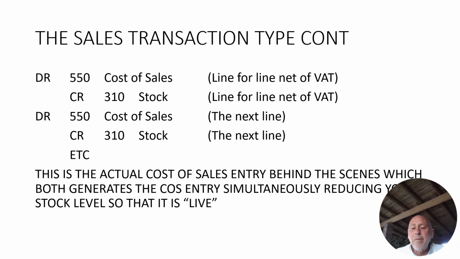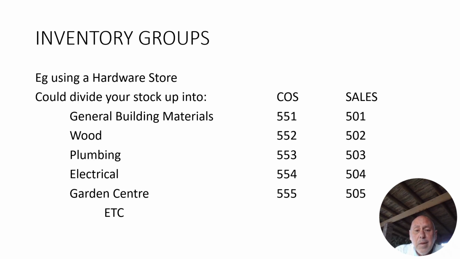It's doing it line for line for line. In the background, your staff members don't even know that they're doing this. And this is how the stock system works with computerized accounting systems.